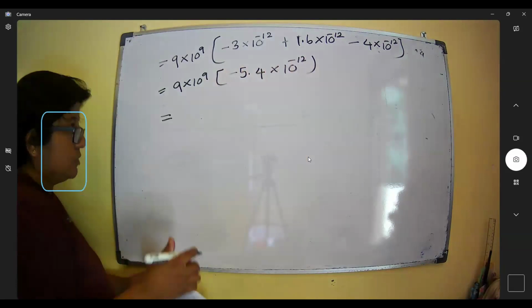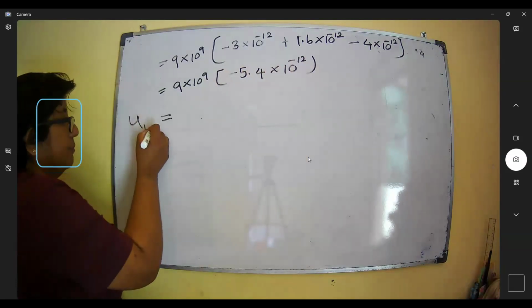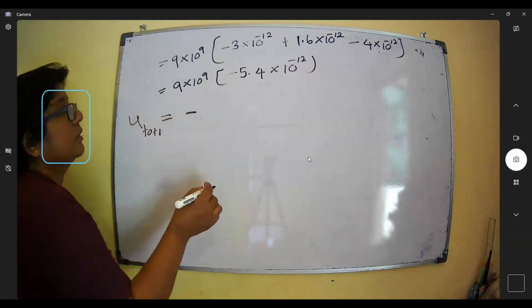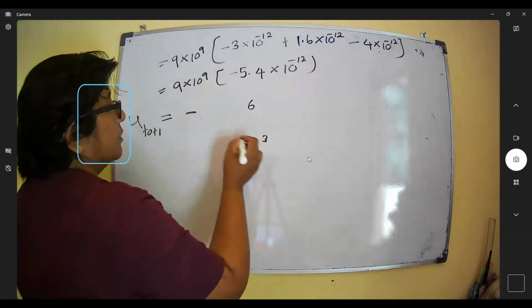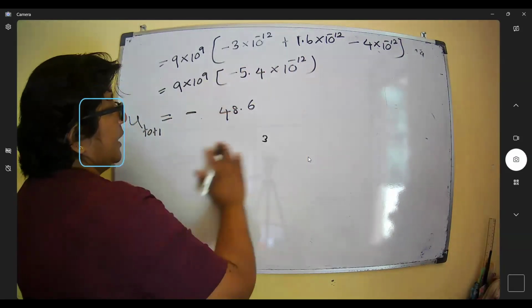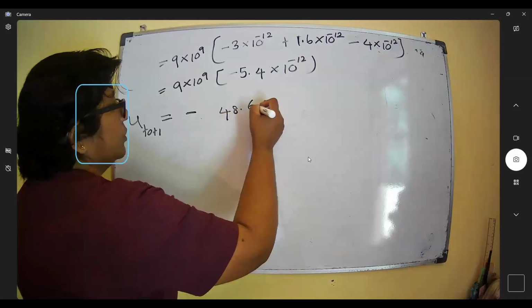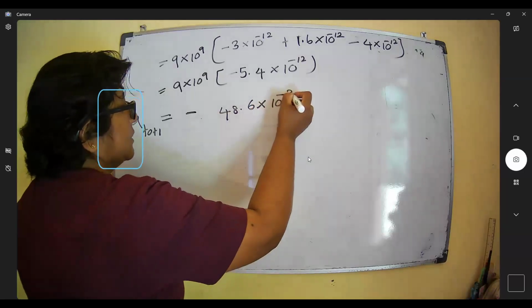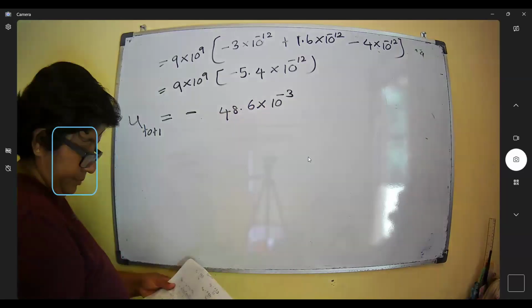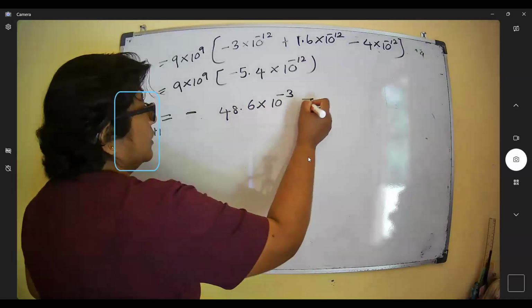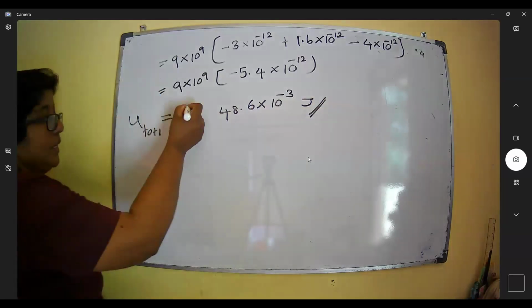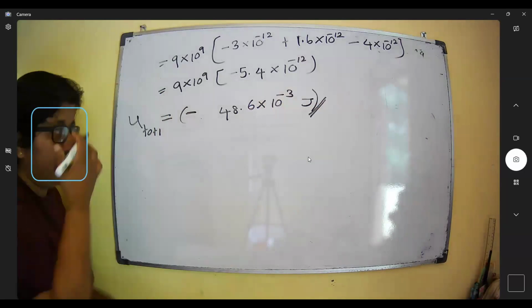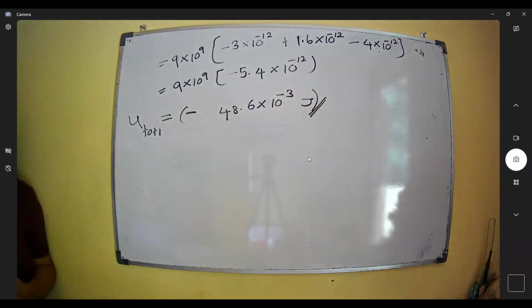Potential energy is a minus value. U total is minus 48.6 into 10 to the minus 3. Then you can check the answer: U total is a minus value, 48.6.